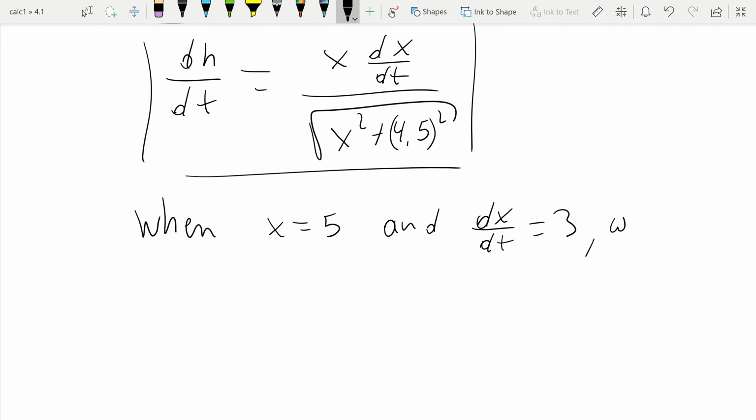So we just substitute these two quantities.